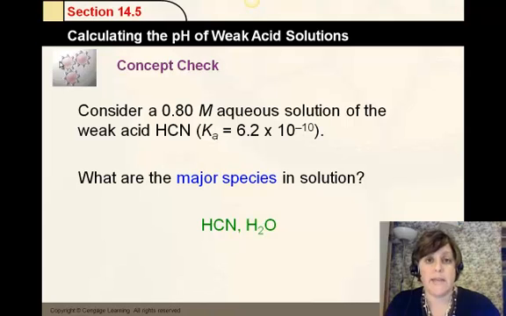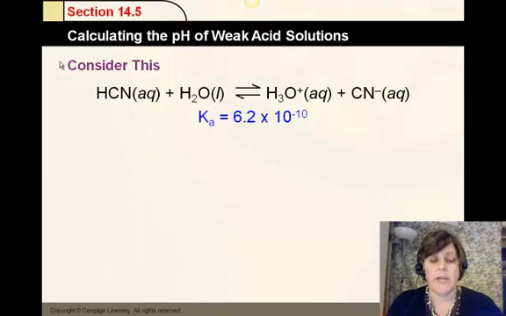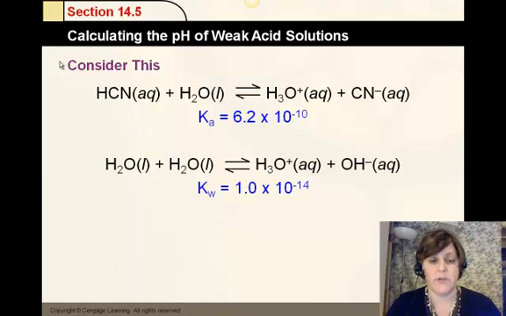Well, that's exactly the reason. It doesn't ionize very well, so there's very little hydrogen or cyanide in solution. So that's why the only two things are HCN and water. You then have to look at the Ka values of these two. Now, the Ka value for HCN, as you can see, is 6.2 times 10 to the negative 10.